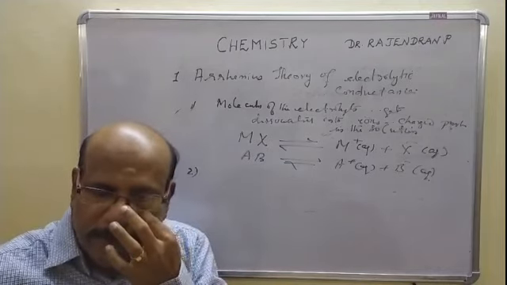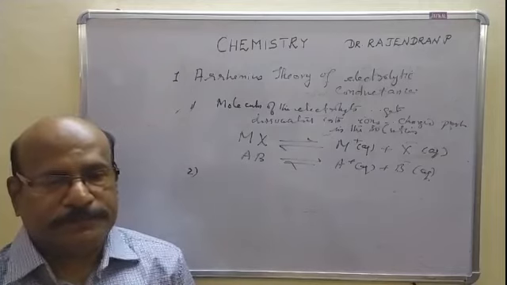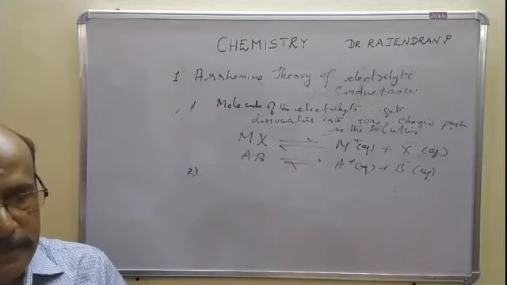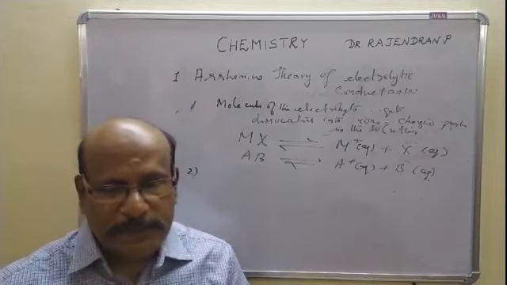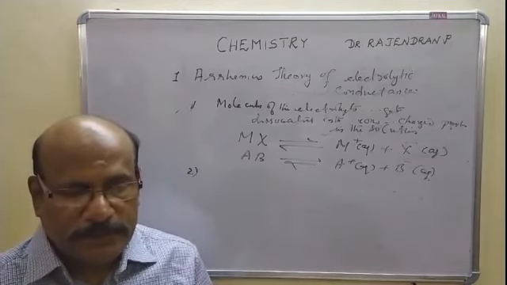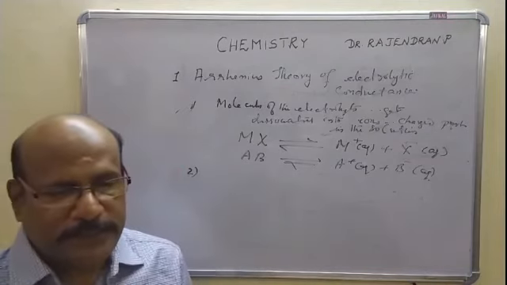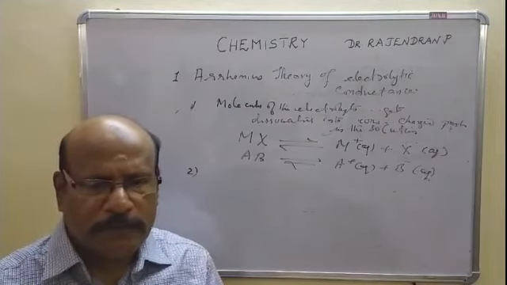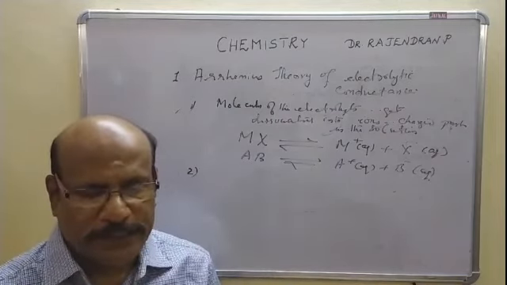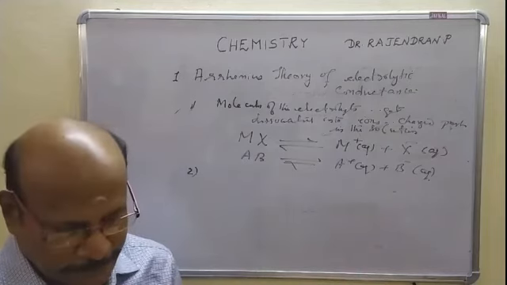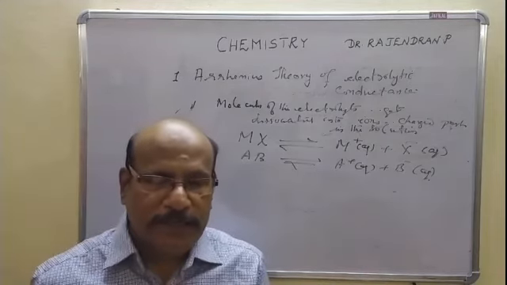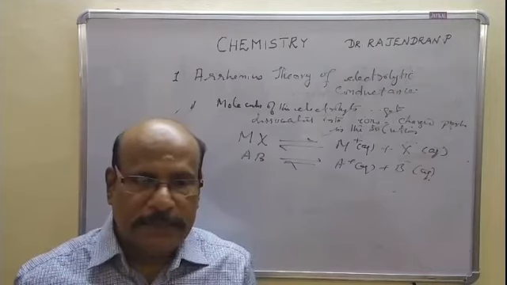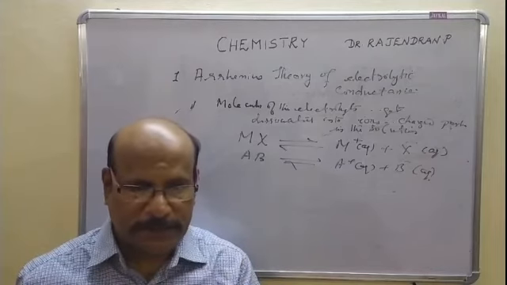That migration gives rise to the conductivity, and the extent of the conductivity, the power of the conductivity, depends on the number of ions that are moving or migrating towards the electrode. Assuming that for a given electrolyte, the speed of the free ion is a constant.